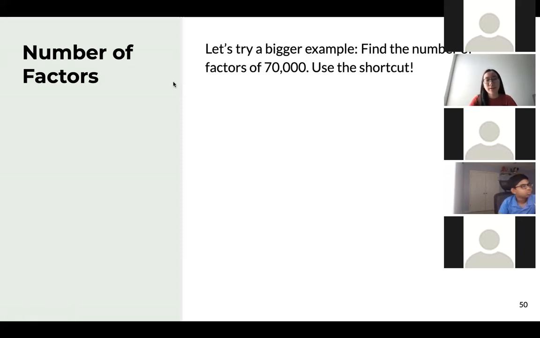Okay, so starting off, has anyone found the prime factorization of 70,000 yet? Okay, that's the first step. So if you have found it, type it in the chat.